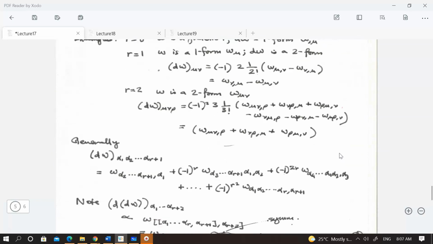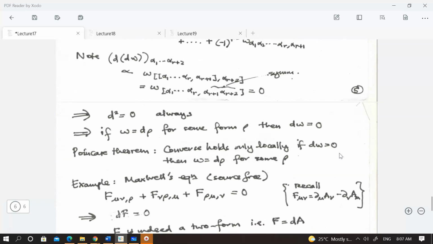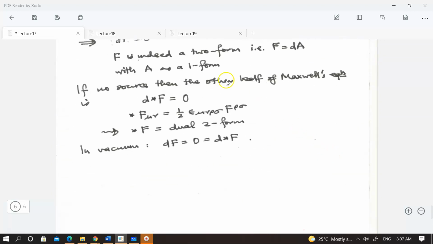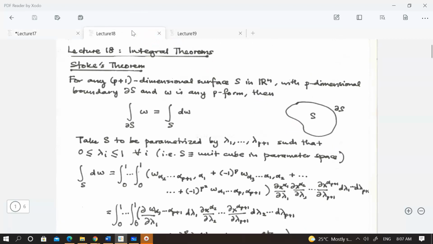So today we are going to go through some properties of these differential forms inside integrals. And you have seen essentially two theorems before: your Gauss theorem and the other one is Stokes theorem.